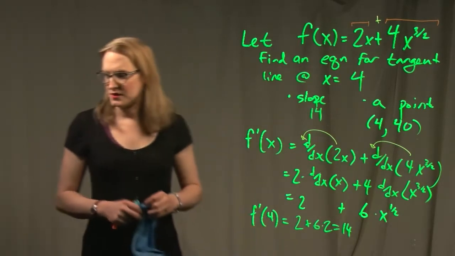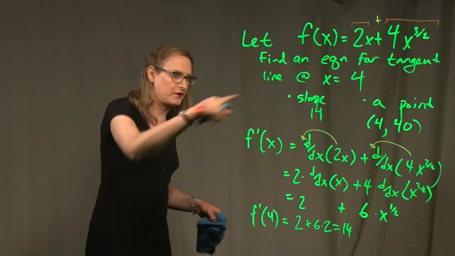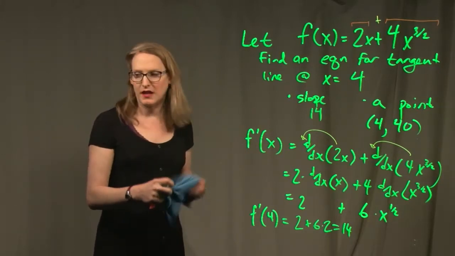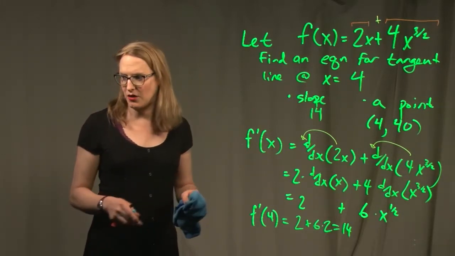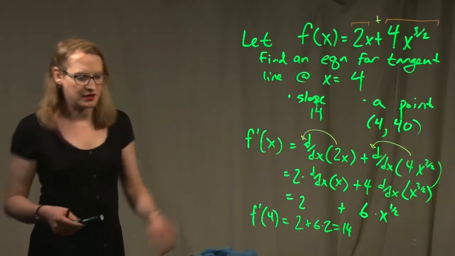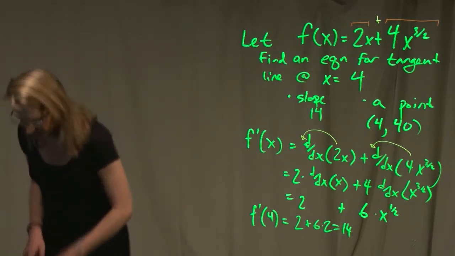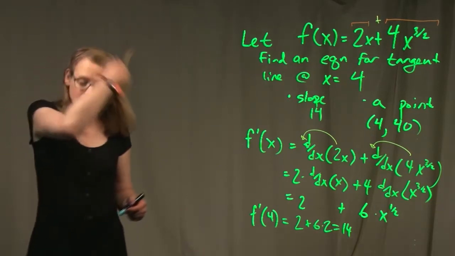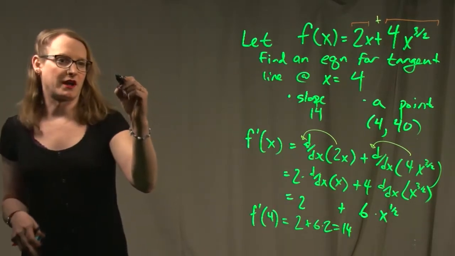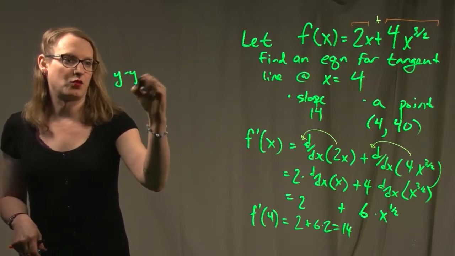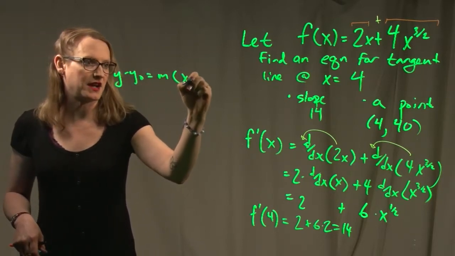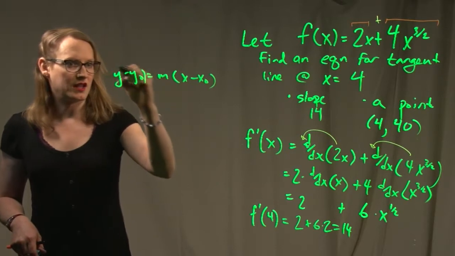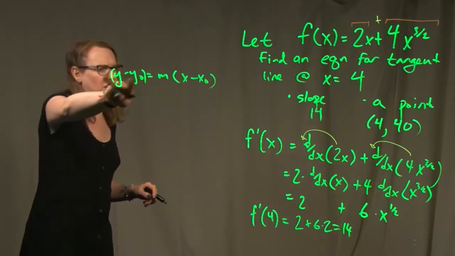Alrighty, so I've got the slope and I've got my point. So as a last matter, all I have to do is write down the equation for the tangent line, and in the interest of not erasing, I'm going to just do it over here. So I'm going to write y minus y naught equals m times x minus x naught. I like putting parens right there because it really helps highlight the grouping.